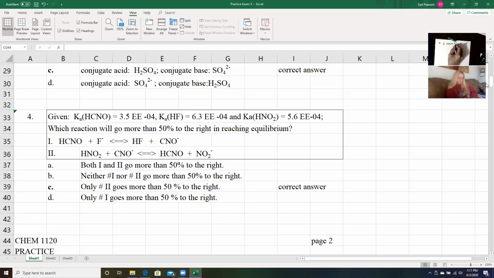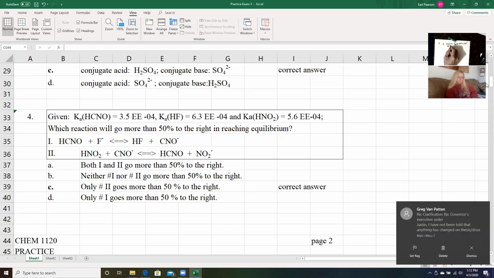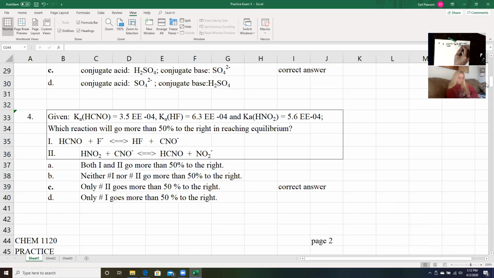And of course, this reaction can go both ways. And the question is, which of these reactions go more than 50% to the right? So what I'm going to do, this is the acid going to the right. This is the acid going to the left. So I want to see which of these two are stronger. HCNO, the Ka is 3.5 times 10 to the minus 4.